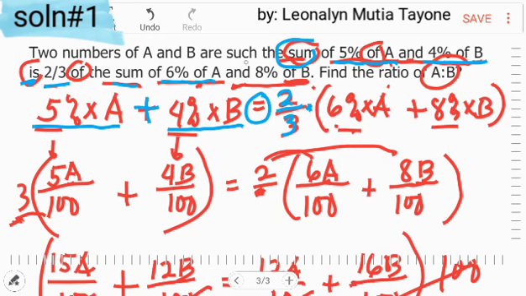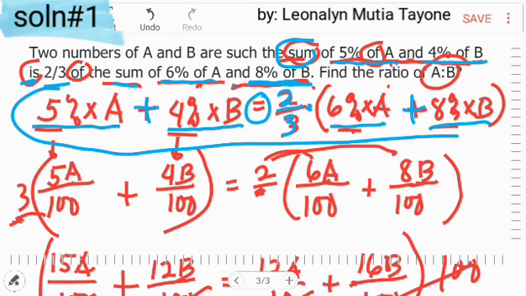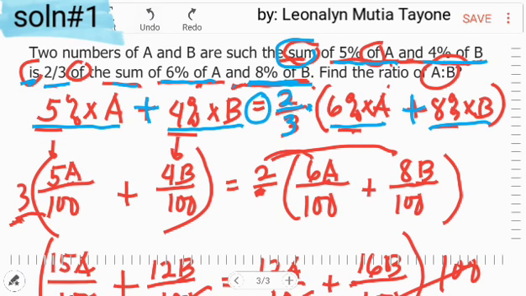Sum of 6% of A and plus yan siya 8% of B. Ito na yung equation natin na isolve natin. I-undo lang natin. Itong si 5%, pag sinabing percent, per 100. Kaya naging 5 over 100.